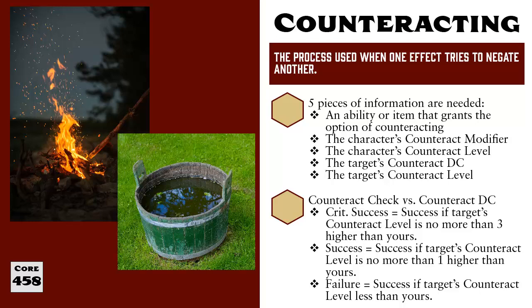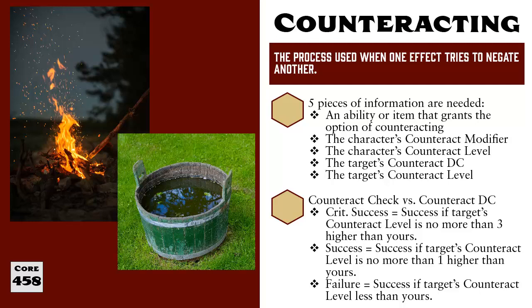Assuming you are able to succeed on that check, you then have to ask yourself, do I have enough water to put out a fire this size? Just like how a campfire's counteract level represents how big that fire is, your counteract level represents how much water is in the bucket. If there was only a teaspoon of water in the bucket, then your counteract level is 1.